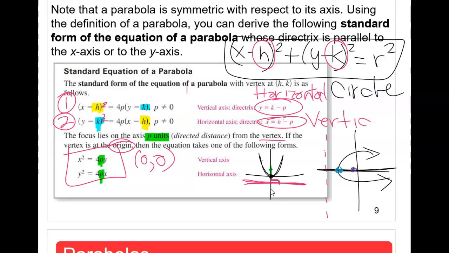Now, how would you find that number? You're going to have to look at these notes or make a formula sheet, because you will have to consider the value that we discussed, p, and the value of h, if you have that type of parabola. The values of h and k come from the vertex.